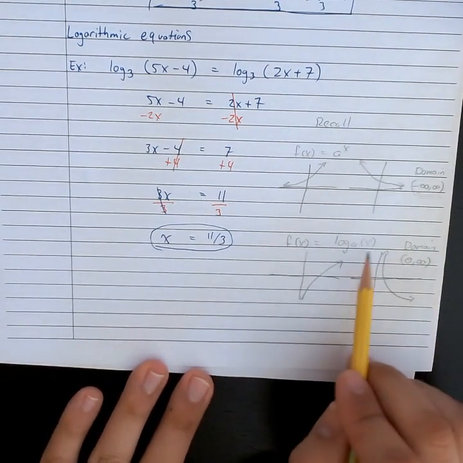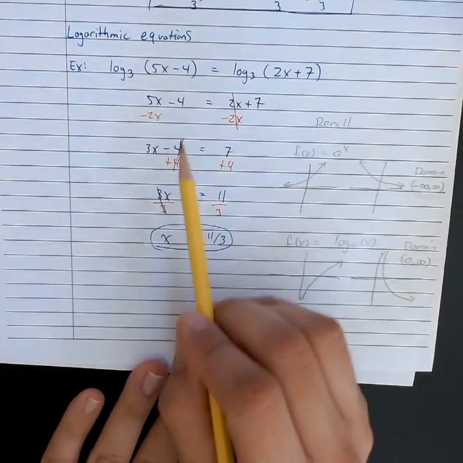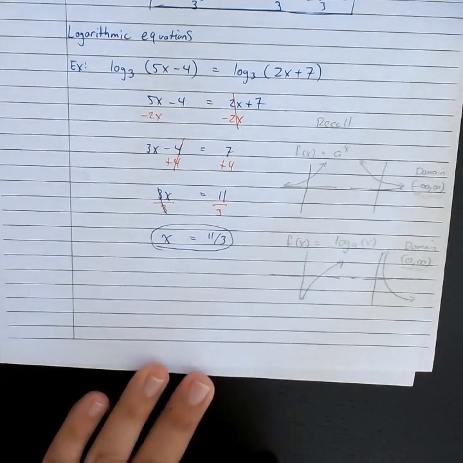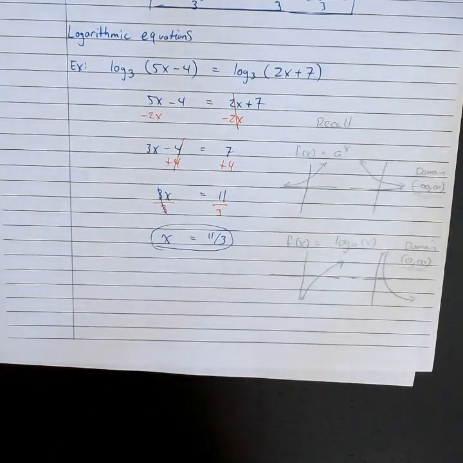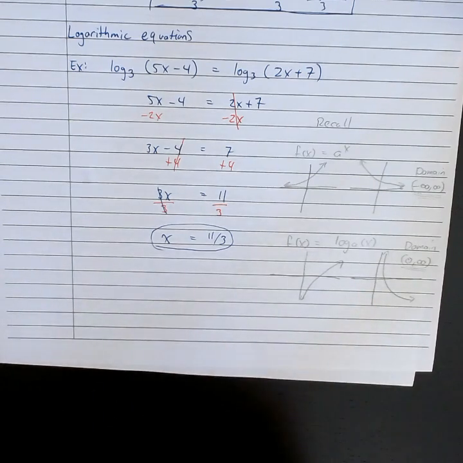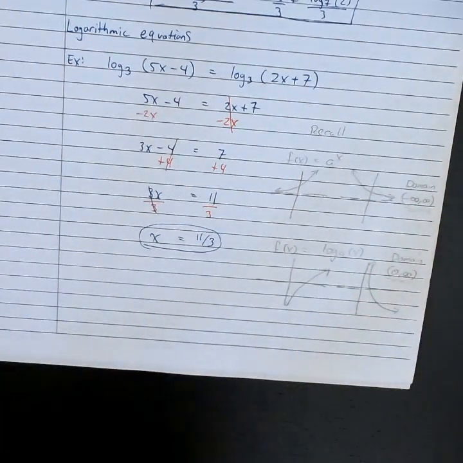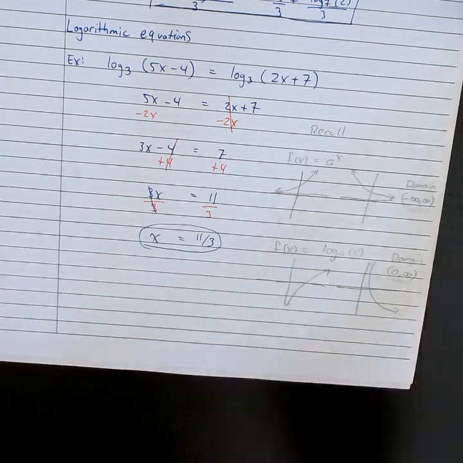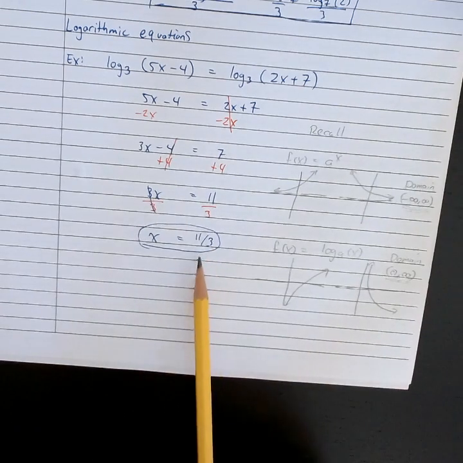A logarithmic function is different. Even if you did all the work correctly, it's possible that the answer you got is outside of the domain of your function. But if the answer is outside of the domain of your function, then it can't possibly be an answer. You can only have x values that are in the domain. So with logarithmic equations, when we check, we're not just checking to see if we didn't make any mistakes, we're actually checking to see if this is a valid solution.